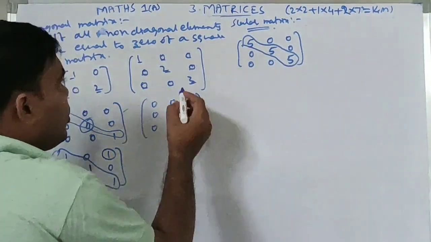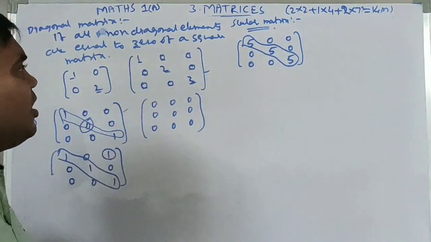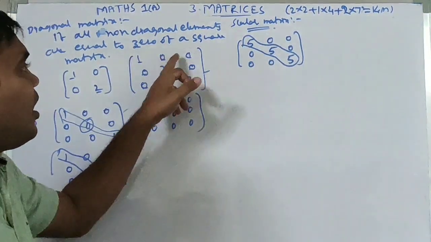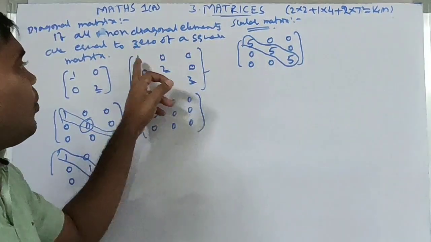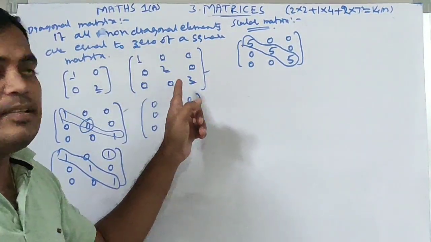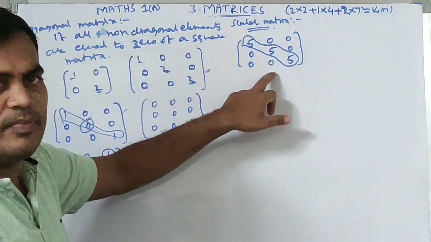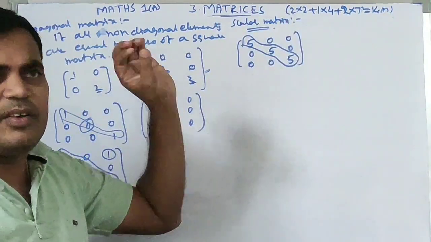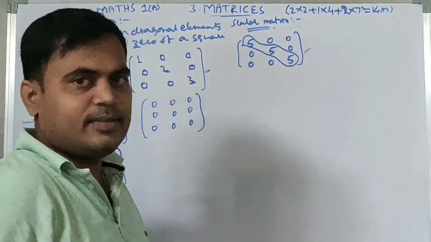So previously I took this example 1 0 0, 0 2 0, 0 0 3. This is a diagonal matrix. Non-diagonal elements are 0, but the diagonal elements are not equal to each other. So 1 2 3, all these are different. So it is not a scalar matrix, but it is a diagonal matrix. Whatever the diagonal elements, whether equal or not, definitely it is a diagonal matrix.